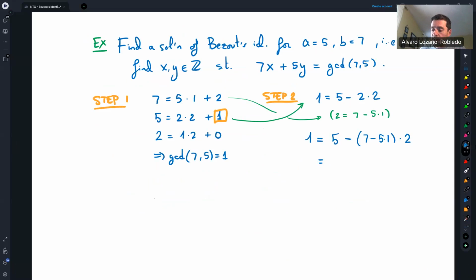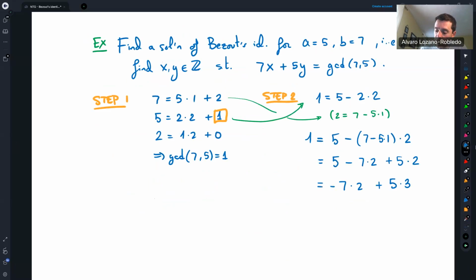This is 5 minus 7 times 2 plus 5 times 2. Now I'm going to collect the 7s and the 5s for clarity. So this is 7 times minus 2 plus, there's a 5 here, and 2 more 5s here, so I have 3 5s. So this is 5 times 3.